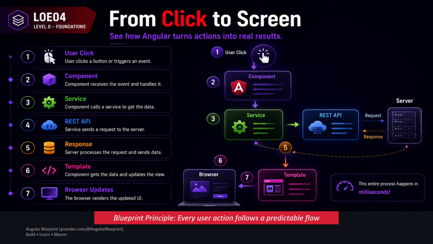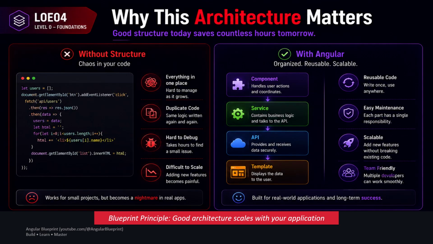But you might be wondering, why go through all this structure? Why not just write everything in one file? That's a question many beginners ask, and honestly, Angular can look a little overwhelming at first. There are components, services, templates, folders, configuration files. It can feel like a lot, but that structure exists for a reason.